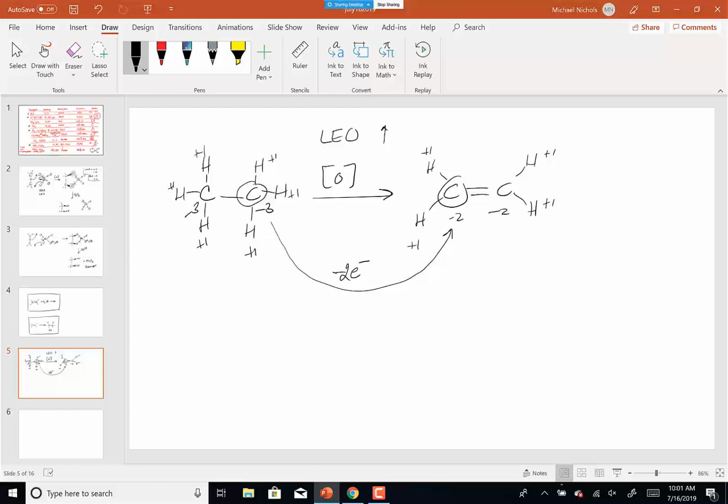And so this is oxidation, because the carbon's -3. No. Almost always I'll buy that, but not always. Sure.